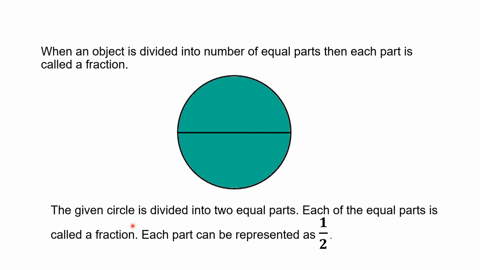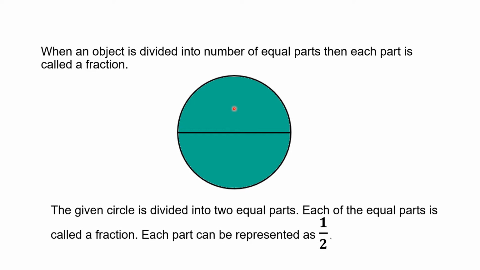The given circle is divided into two equal parts. Each of the equal parts is called a fraction. This is a fraction and this is also a fraction. Each part can be represented as 1 by 2. This is the first part. This is one of two equal parts.